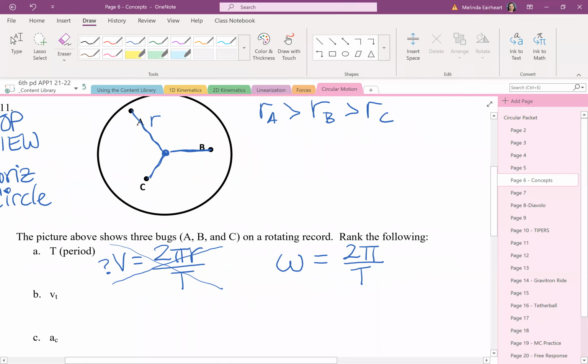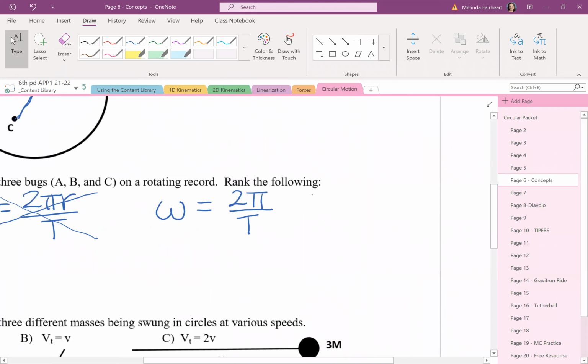The unit for angular velocity is what? 2 pi, what's the unit for 2 pi? You said it earlier. Radians, not radius, be careful. No radius in this one. So radians per, what's our unit for period? Seconds.